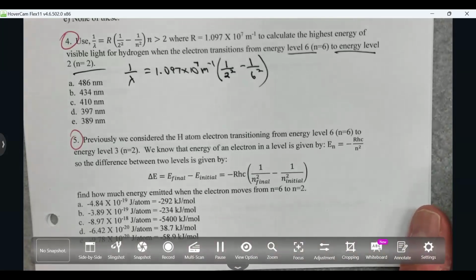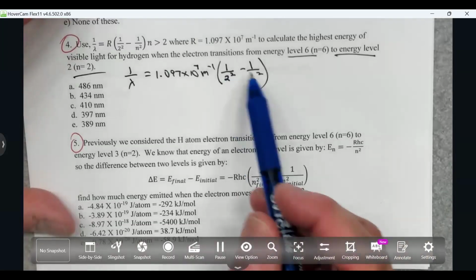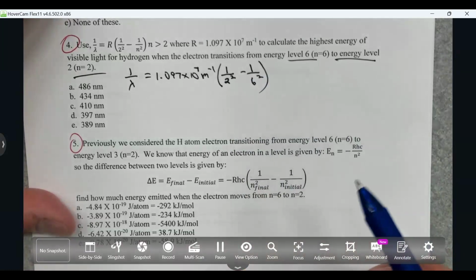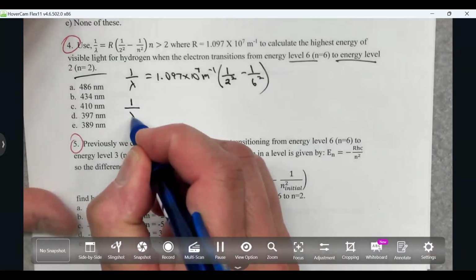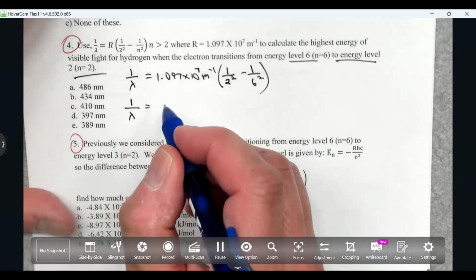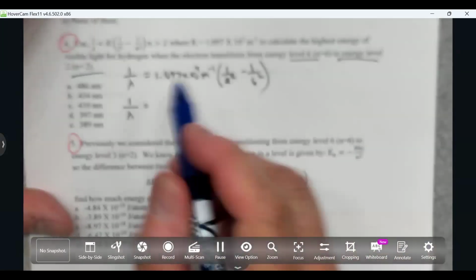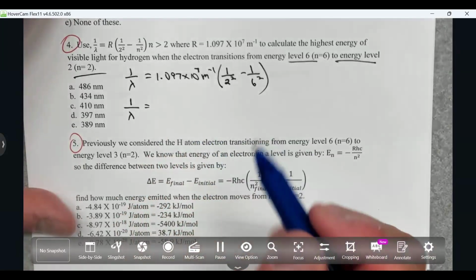So let's multiply that out. This is 1 over 4 minus 1 over 36. If we do this, we're going to get a big number here, because that's 1.097 times 10 to the 7th.